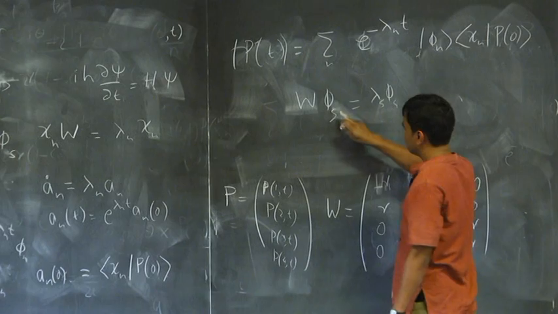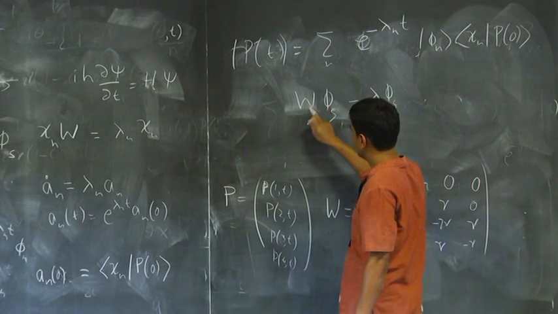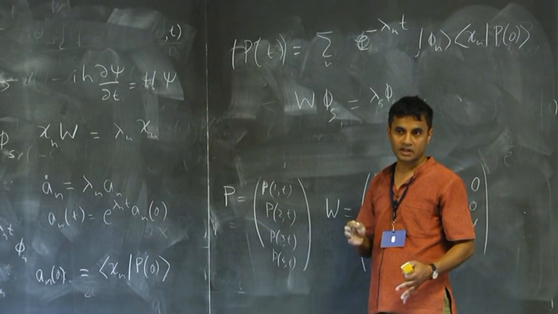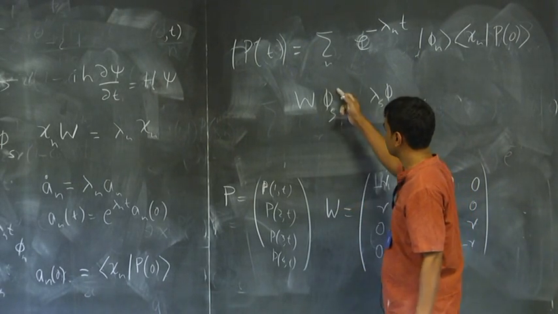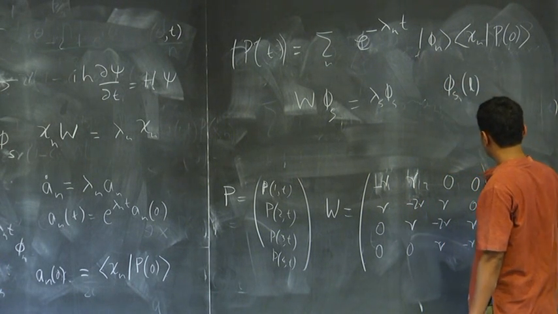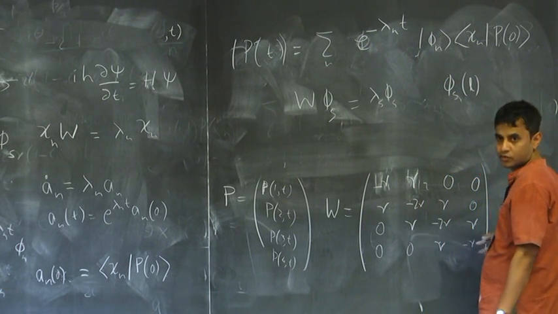Now, what does this equation really mean? If you look at this matrix, phi s is a vector with some components phi s of L, where L goes from 1 to 4 or whatever.